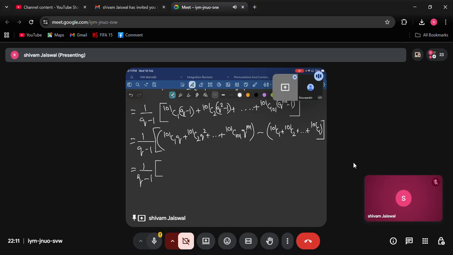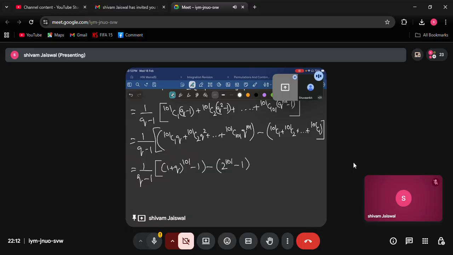So basically, this will become (1 plus q) whole to the power 101. But over here, 101 C0 is missing, right? Yes, sir. So I'm going to subtract 1. This is the sum of the binomial coefficients, but again 101 C0 is missing, so I'm going to write it as 2 to the power 101 minus 1.